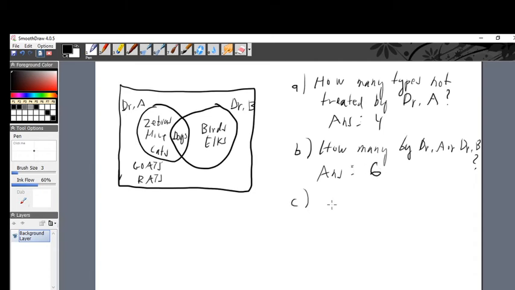It's the next question. Let's see. Which types are treated by neither? So now Alex might give you a bunch of boxes with all the names of the animals in there. And this is what you should do. If they give you boxes, you click off, here's the answer. You click off the box with goats, because that's treated by neither, and rats.